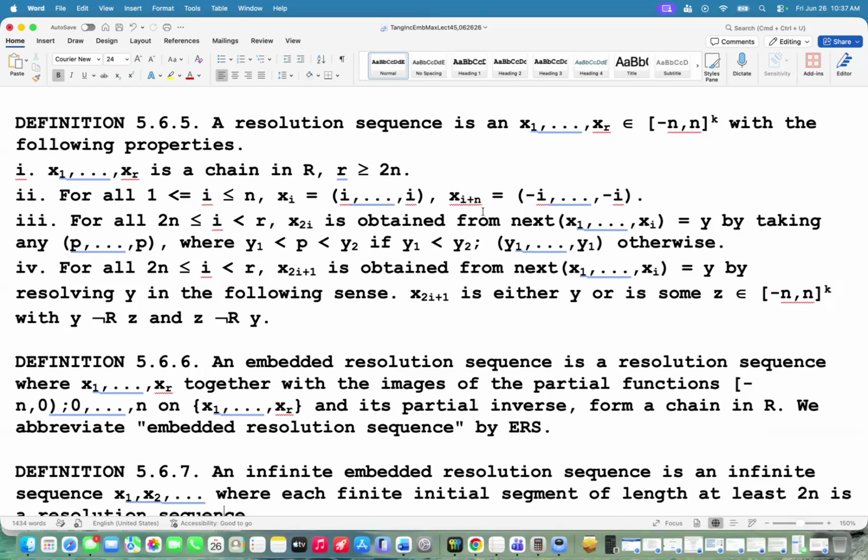And what does it mean for a resolution sequence to be embedded? Well, I take the following definition. You look at the sequence of objects and you look at the partial function here.